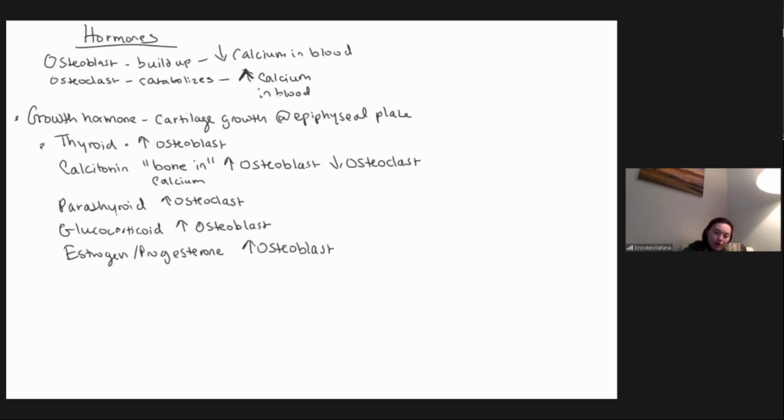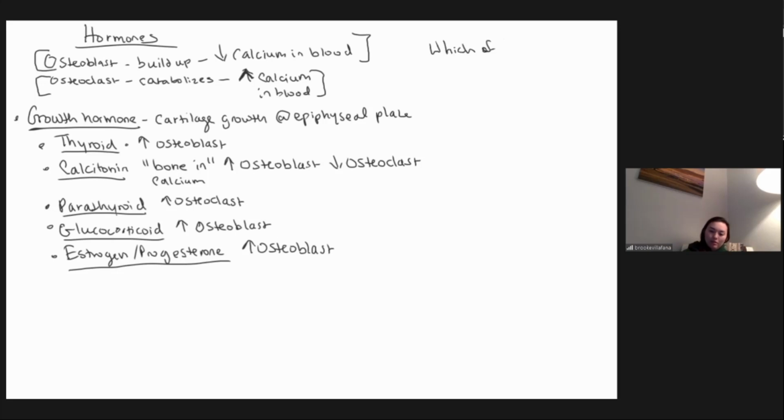All right, so try to maybe put those on some flashcards. That should be the quickest way to know those. If you can just remember blast or clast, and then like I told you, remember their functions up here. If on the test you're asked which of these increases calcium in the blood, just think which of them is for osteoclast. Does that make sense?